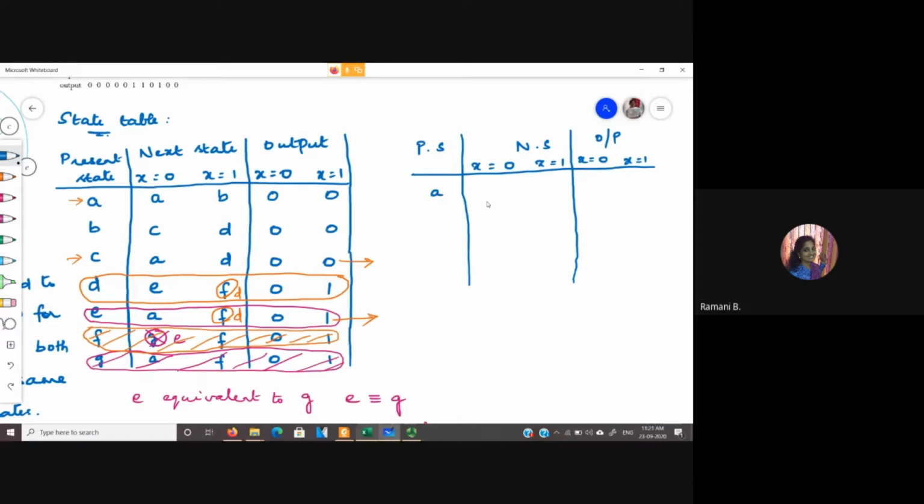For A, it is A, B and 0, 0. For B, it is C, D and 0, 0. For C, it is A, D and 0, 0. For D, it is E, D and 0, 1. For E, it is A, D and 0, 1. This is our reduced state table.